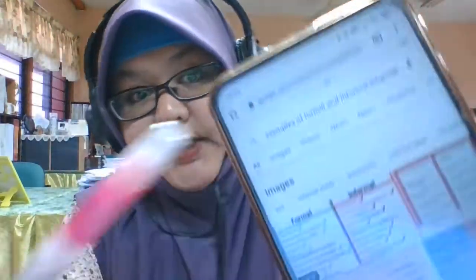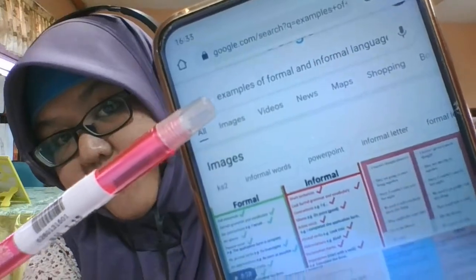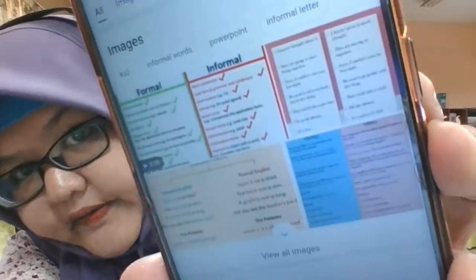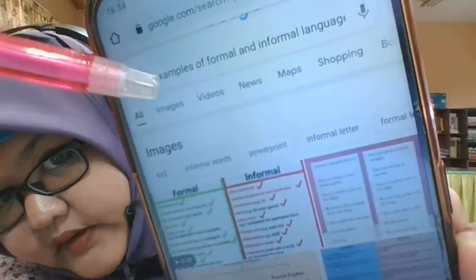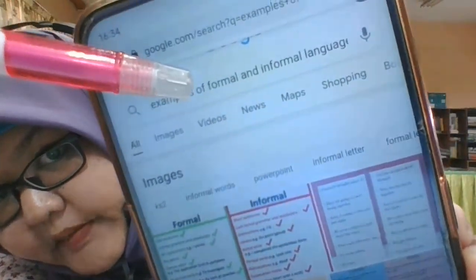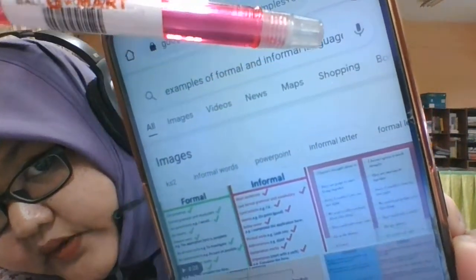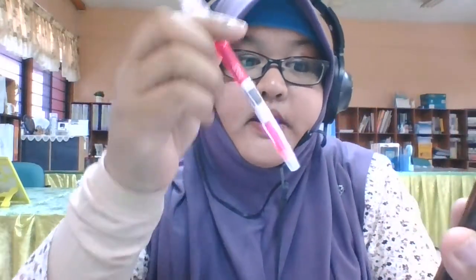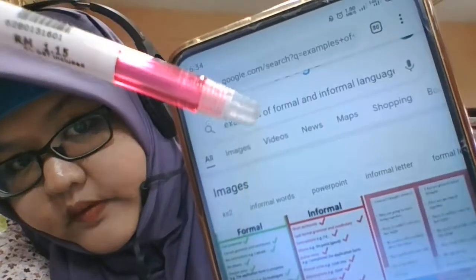To further look into formal or informal language, you can search on Google, for example, example of formal and informal language. Then you can look at the images.